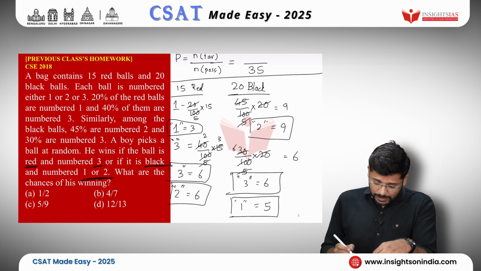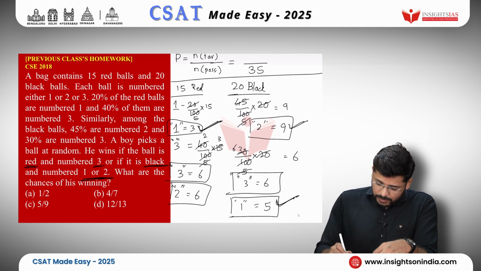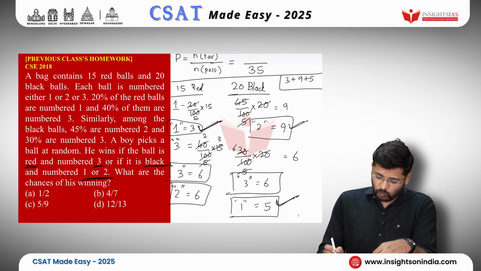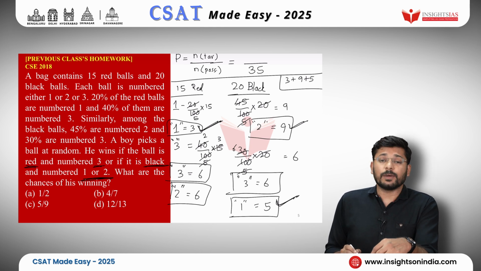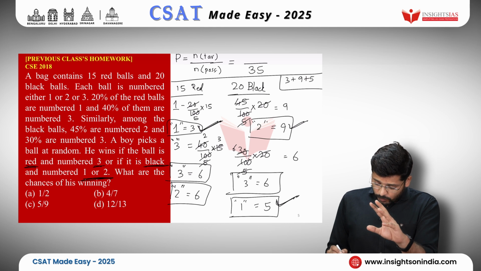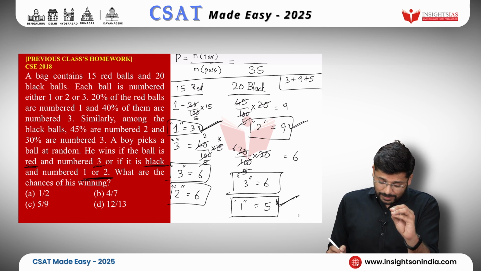So how many red balls are numbered 3? That would be 3, correct? Okay. Then how many black balls have been numbered 1 or 2? That would be 9 and 5. So the favorable conditions would be 3 plus 9 plus 5.